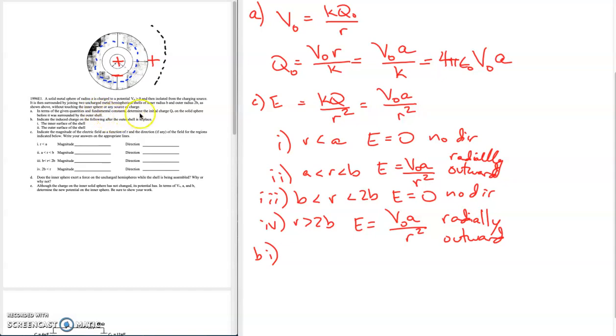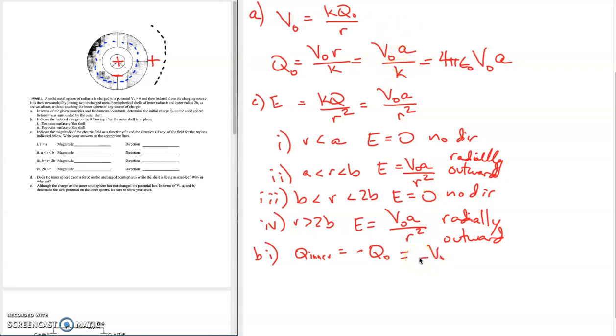The induced charge at the inner surface and the outer surface. Okay, so I've discussed that a little bit. We will need to have the same amount of charge on the inner surface as we have in the central sphere. So the inner surface of the shell, Q inner, is going to be equal to negative Q naught, which is also this guy with a minus sign.